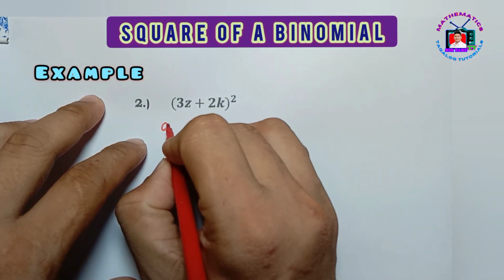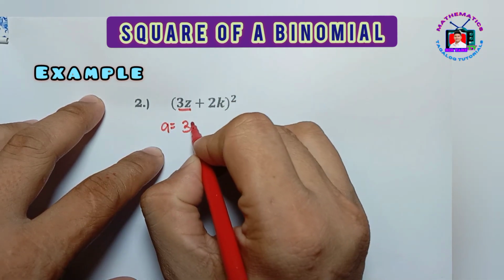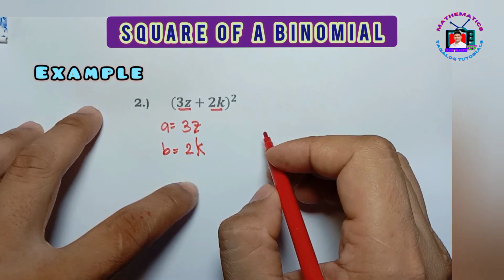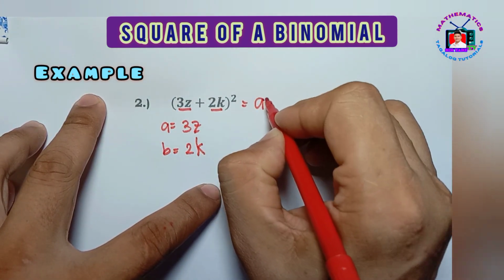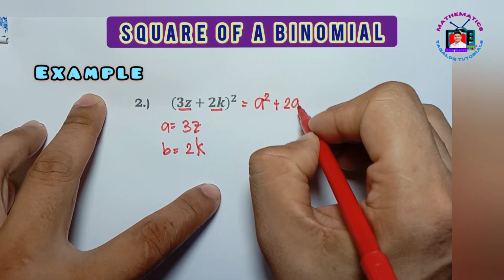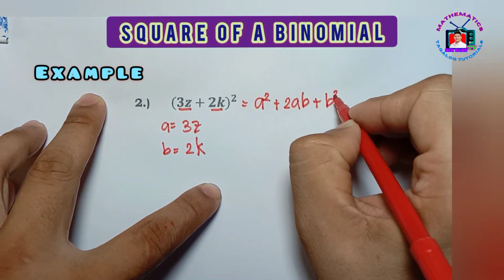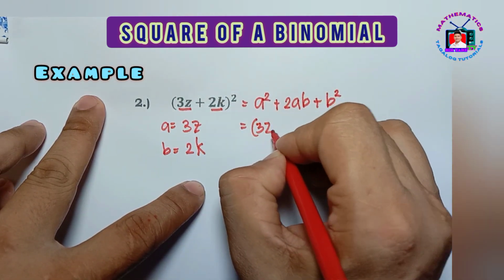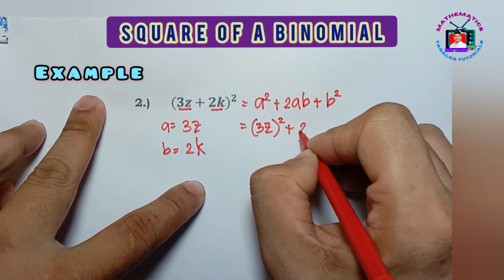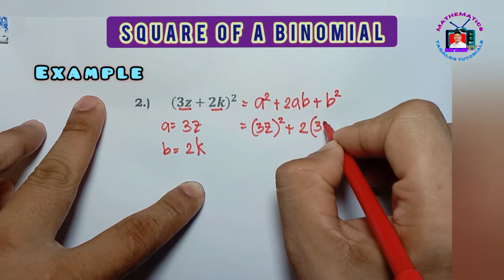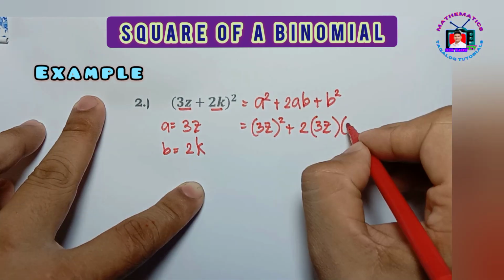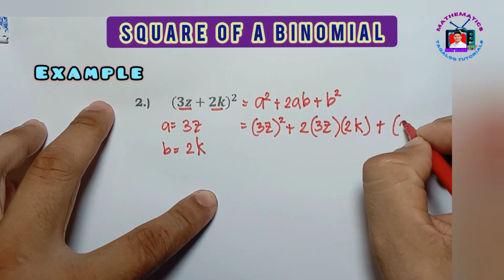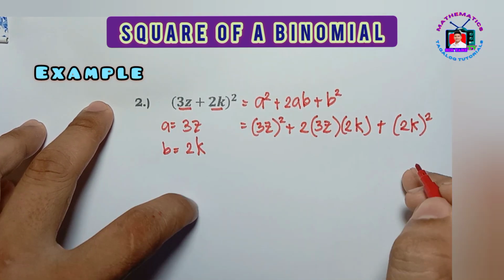Okay, so for example number 2, just determine the value of a and b, which will be our values for use in our formula. So a is 3z, b is 2k. Again, if the binomial is plus, the middle term is also plus. So a squared is (3z) squared, plus 2 times a, which is 3z, times b, which is 2k, plus b squared, which is (2k) squared.